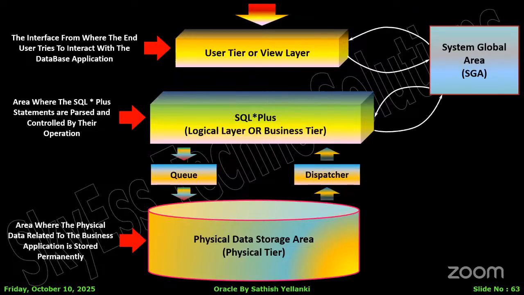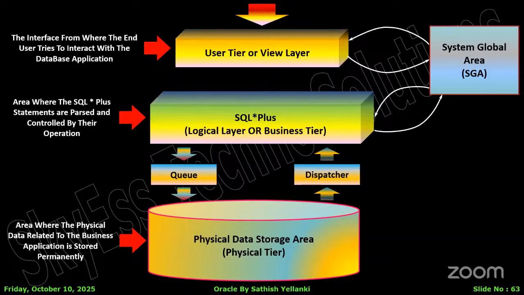So without keeping a copy of the data within the SGA, can any operation happen in Oracle? Never. This data that is kept as a copy in the SGA will be given to the end user.